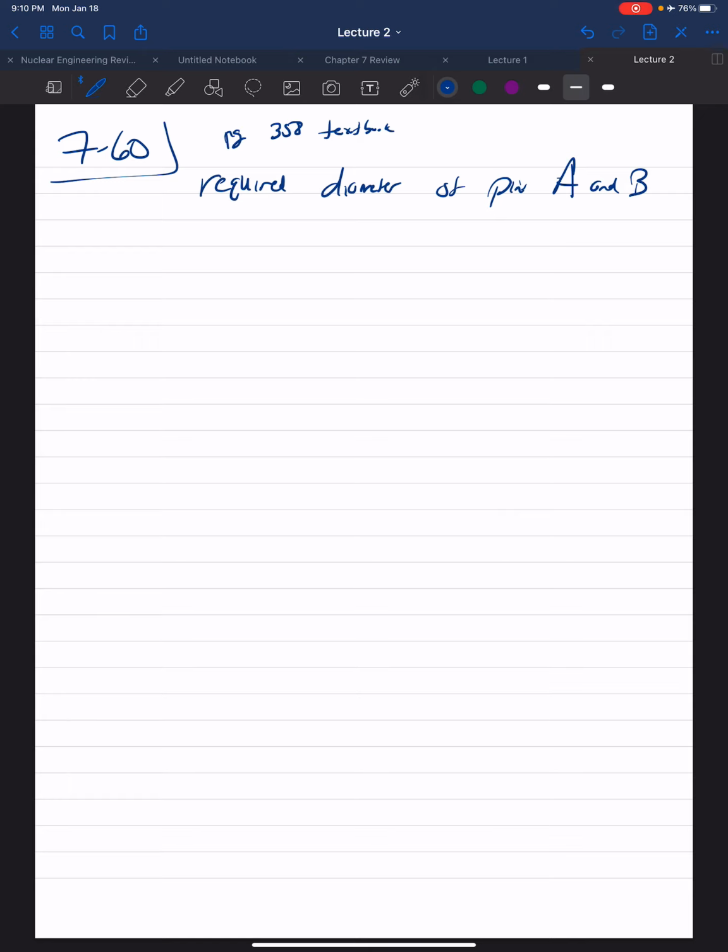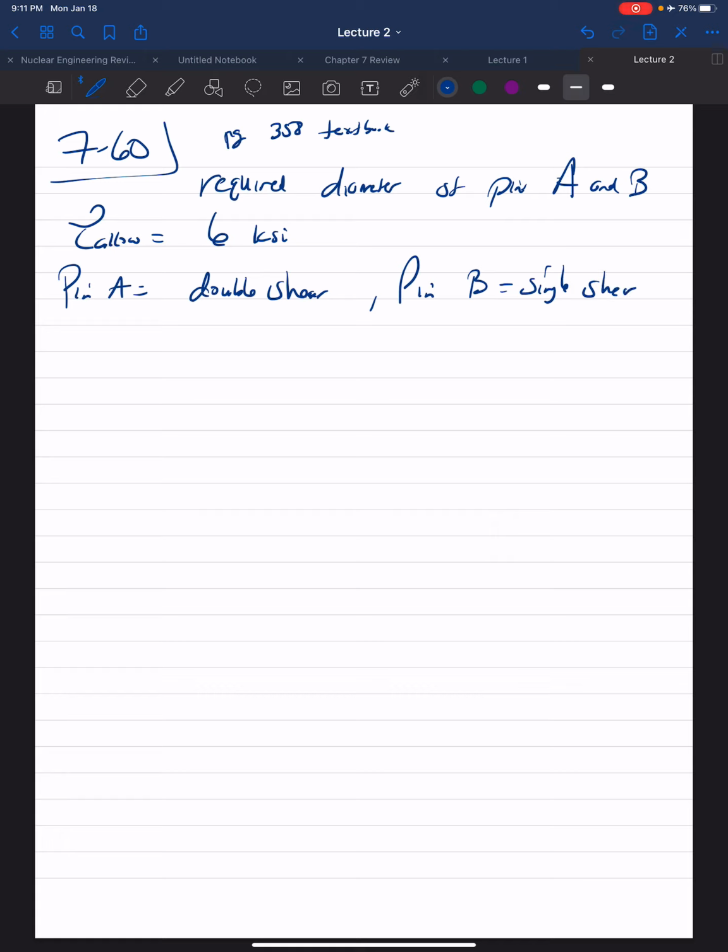Determine the required diameter of pins at A and B to the nearest 1/16 inch if the allowable shear stress for the material is 6 ksi, kilopounds per square inch. Pin A is double shear. Pin B, single shear.